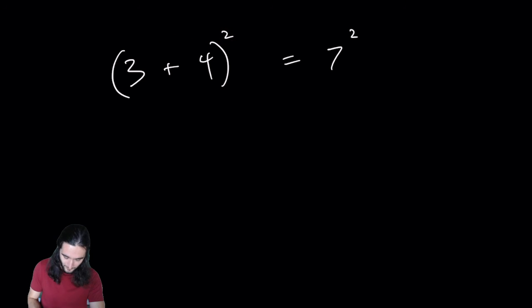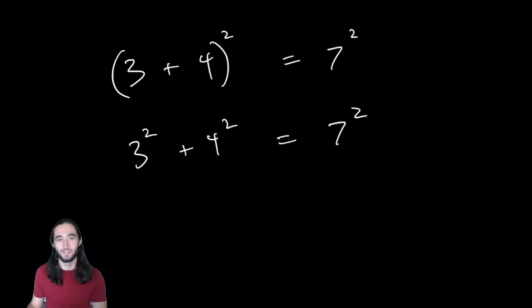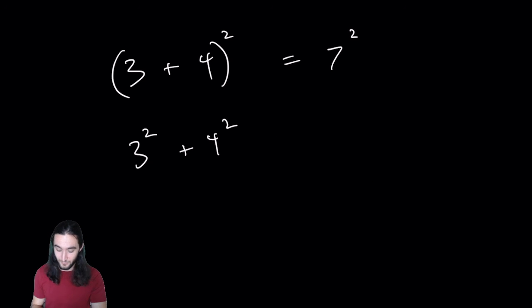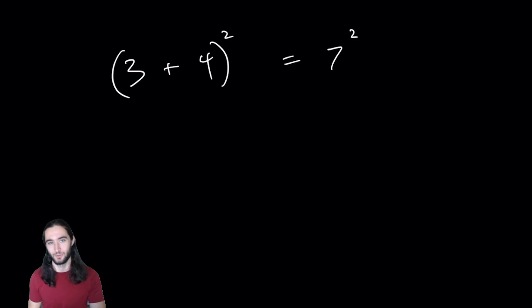If we distribute the exponent, then that becomes 3 squared plus 4 squared. And you see these things are no longer equal. 9 plus 16 is not equal to 49. So this illustrates that you can't distribute a square over addition. And in fact, in general, you can't distribute any exponent over addition or subtraction.